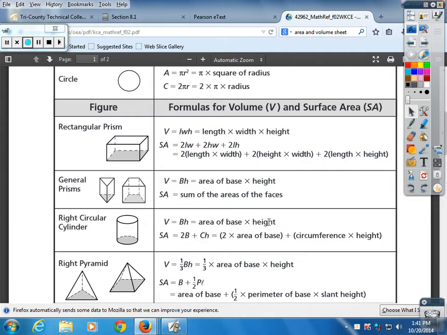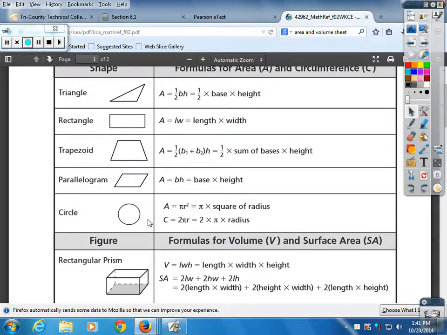No, right here, the h. The height. So write that down. The volume of a cylinder is the area, which is pi r squared, times the height. So the volume of a cylinder, the hot water heater, is pi r squared times height.